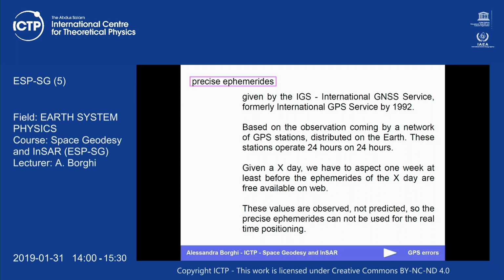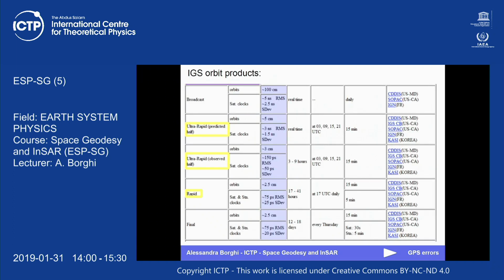They process the data not to know the position of the point, but to invert, to have the position of the satellite. So there are different research groups that analyze this data. They are called analysis centers, and all these different solutions are combined to have what we call precise ephemerides.